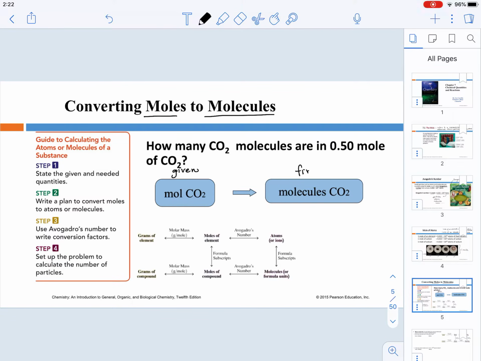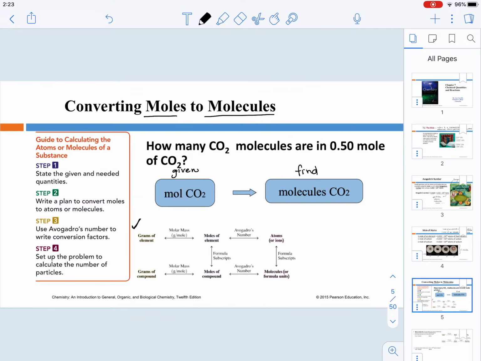What you need to find are the molecules of CO2. So understand that when it comes to the concepts in this chapter, it is very important that you know how to use the following flowchart, because this flowchart is going to guide you to know what are going to be the conversion factors utilized and what type of mathematical operation you need to do.